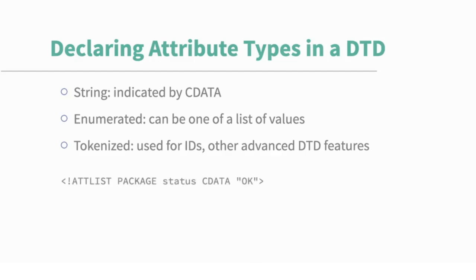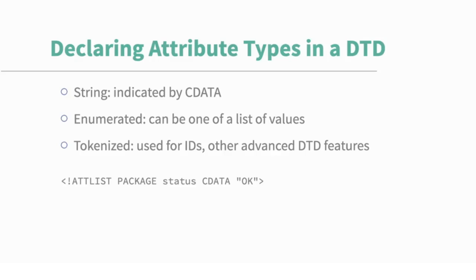The string type is declared like this, and in this example, we're declaring a status attribute for a package element. In this case, it's a string attribute because of the CDATA keyword. The default value is in the quotes there at the end, and it's defaulting to OK. So what that means is if you don't define the status attribute on an element in an XML file, and you request the value of that attribute using the DOM API, it will still have the default value of OK, just as if you had typed it into the XML data and put it there yourself.